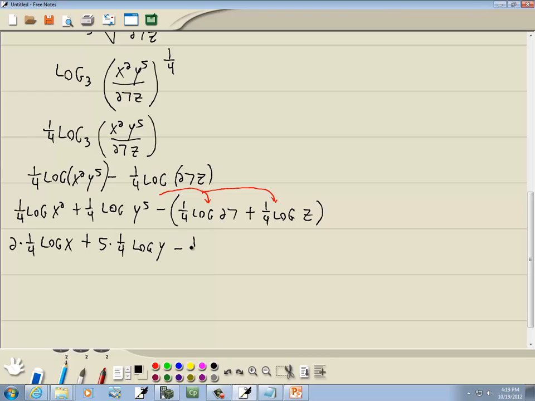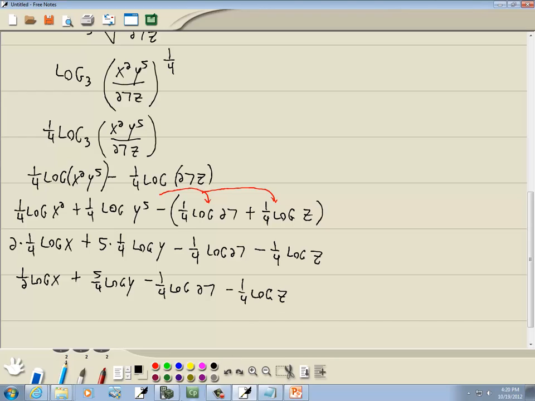So this becomes minus 1/4 log 27 minus 1/4 log z. Now 2 times 1/4 is 2/4 or 1/2. So we've got 1/2 log x plus 5/4 log y minus 1/4 log 27 minus 1/4 log z.